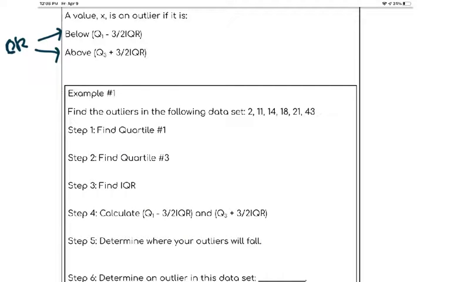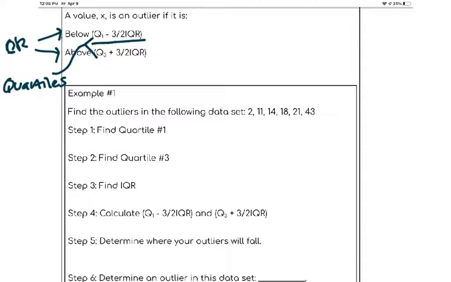Now, in order to figure out this number, you're going to take Q1. Remember that Q1 and Q3 are your quartiles, which we've talked about in the previous video. If you haven't watched that, I highly suggest going back to that because this is not going to make sense if you don't.